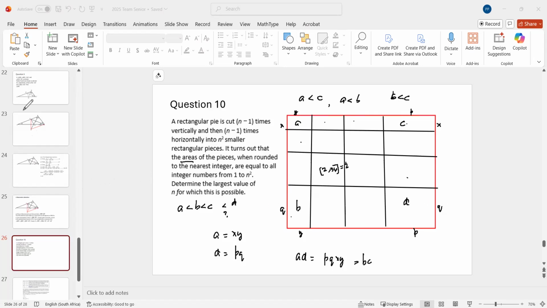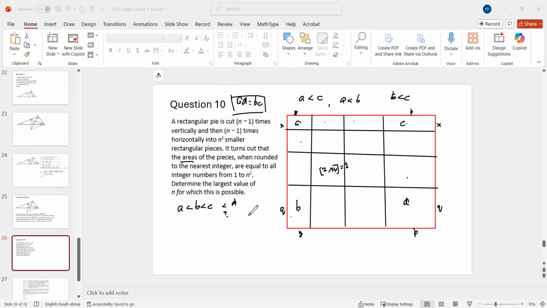Okay. All right, so I'll just record this important result that the area AD is equal to BC. AD is equal to BC.